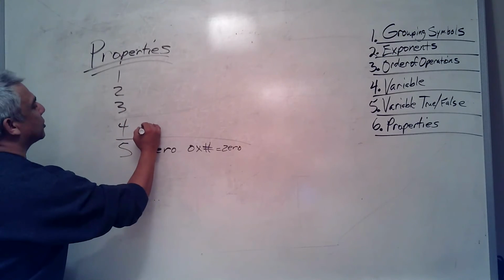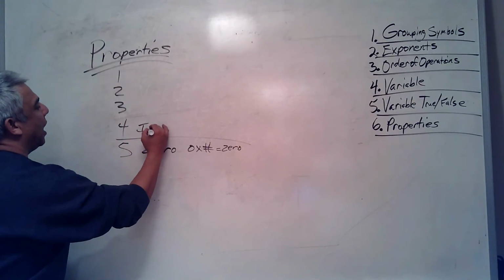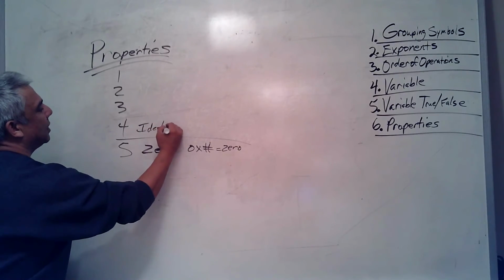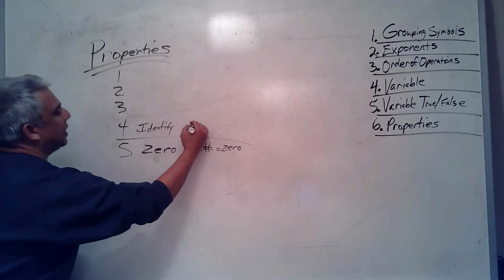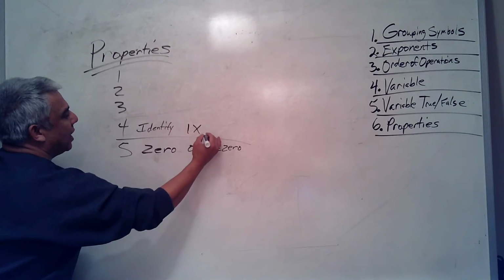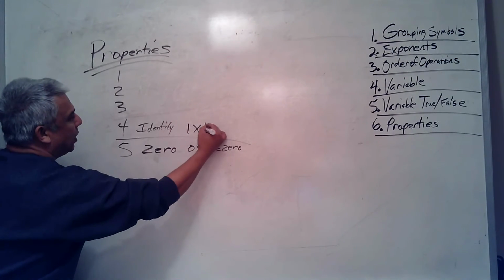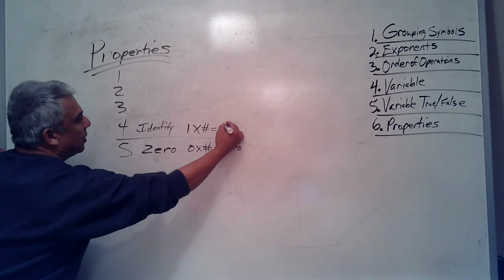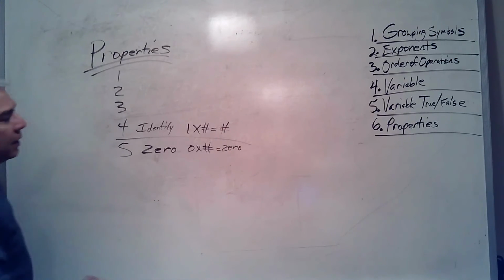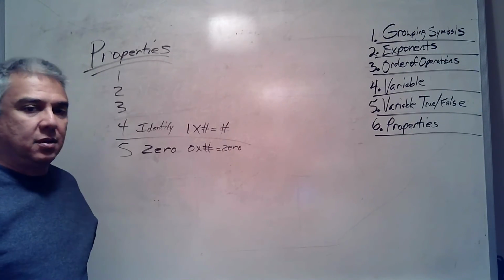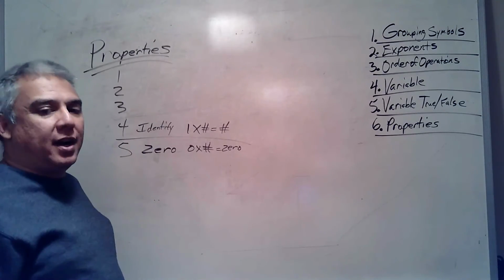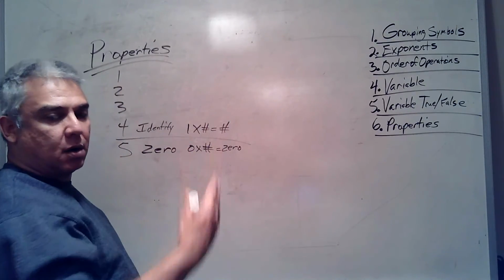Alright, and the next one is called identity. I-D-E-N-T-I-T-Y, identity. 1 times a number equals the number. 1 times 7, it's 7. 1 times 1,000, it's 1,000. I don't care what it is. It's like looking into a mirror.